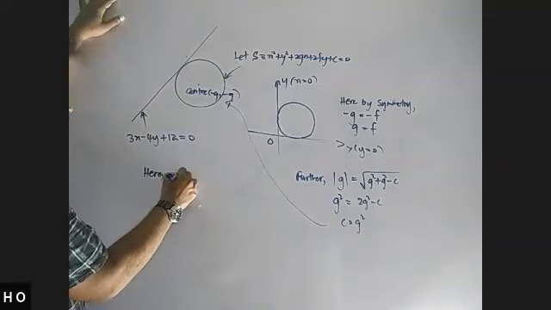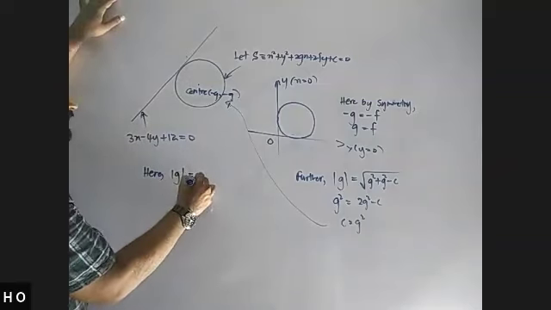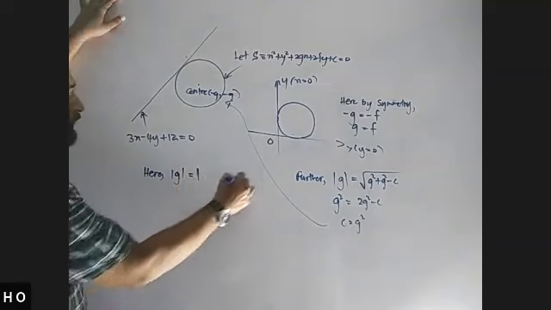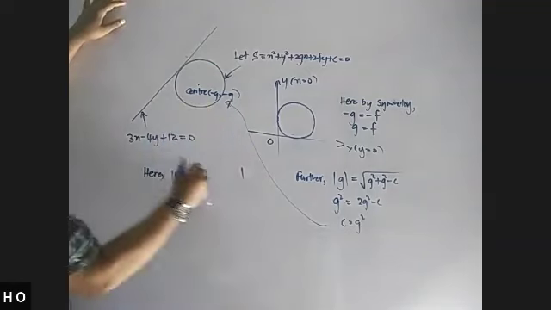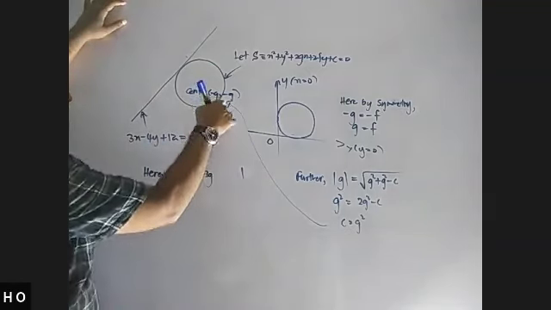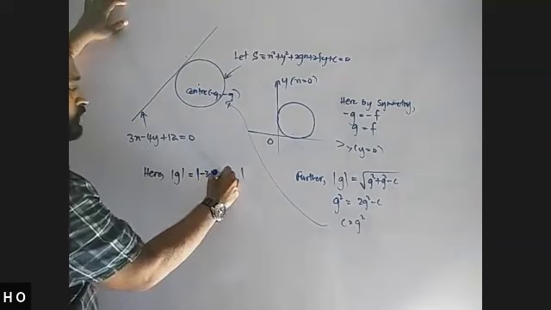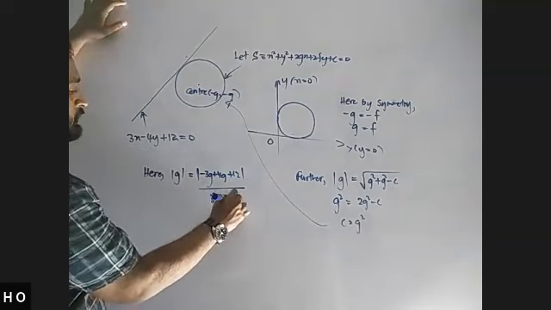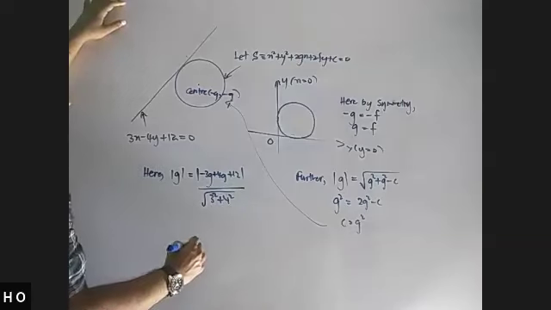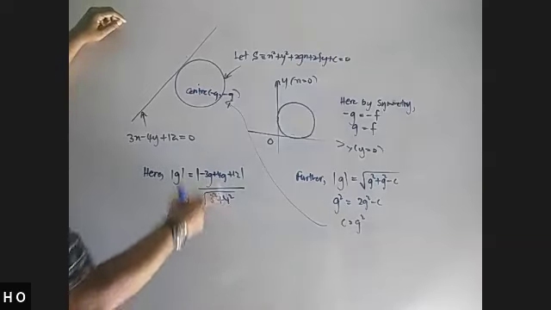So what about the radius? Modulus g equals modulus of minus 3g minus 4g plus 12, over square root of 3 squared plus 4 squared. So let us go for the square.